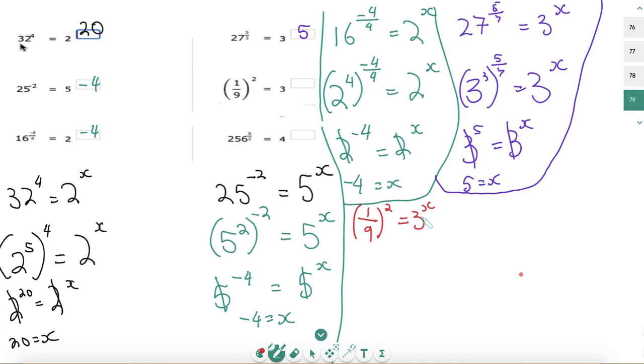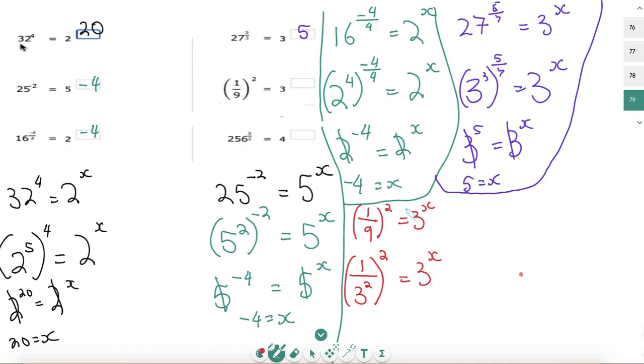Let's have a look at our base. Our base is 3. Our base is 9. Is there a number that can be powered to make 9? And is there a number that can be powered to make 3? Yeah, it's 3. So we can rewrite 1 over 9 as 1 over 3, well, 3 to the power of 2 is 9, and that's being squared, equal to 3 to the power of x.